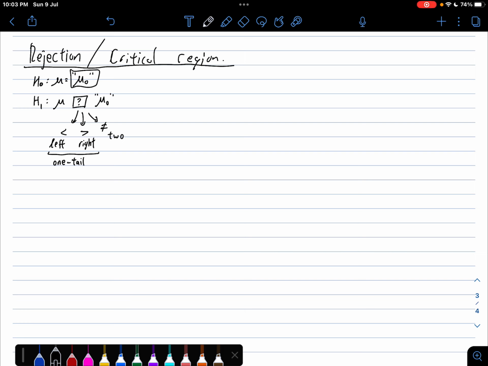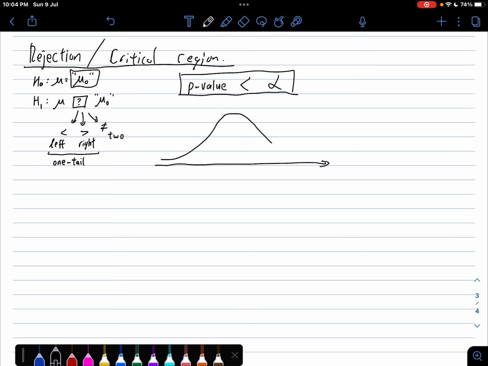Then the rejection region depends on what type of test you're dealing with. So remember the key rule to reject is p-value is less than alpha, right? That's method 1. So how do you draw a picture to interpret this? What it means is that you must first start off with a bell curve, because this is essentially doing a z-test, so this is a standard normal distribution, Z ~ N(0,1).